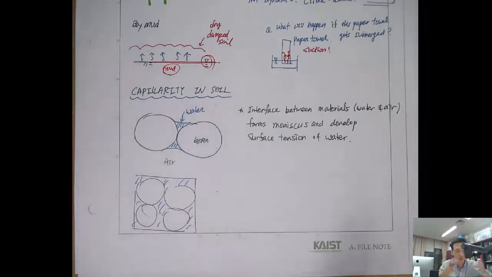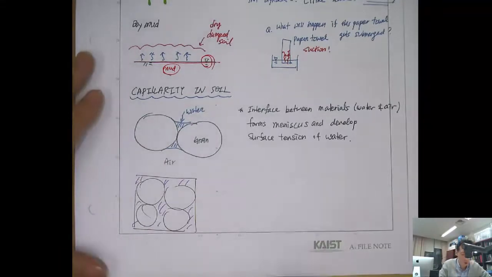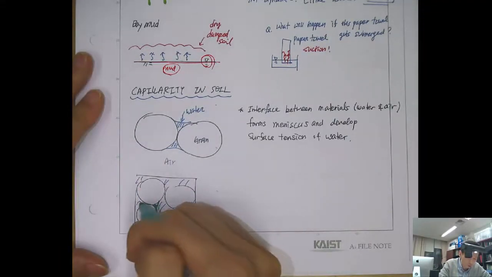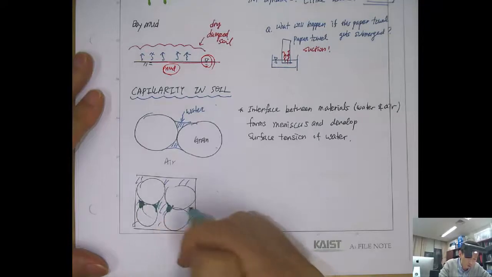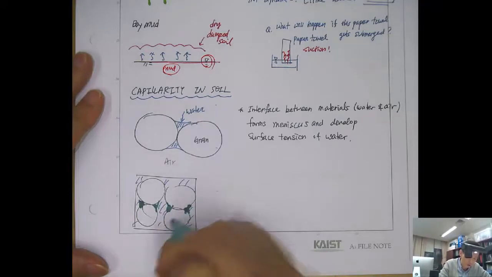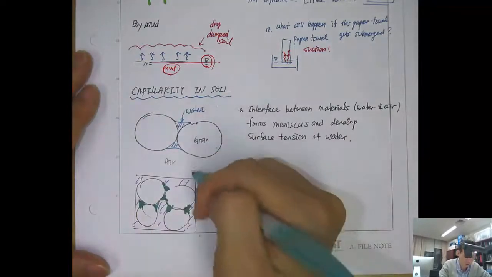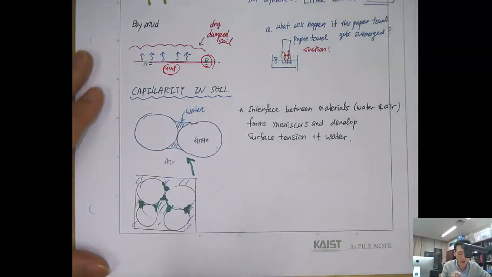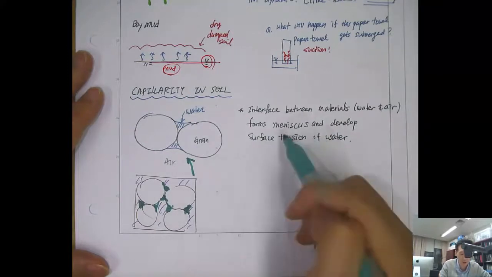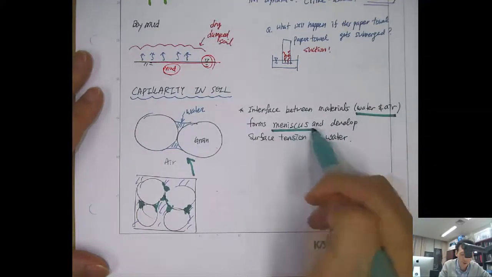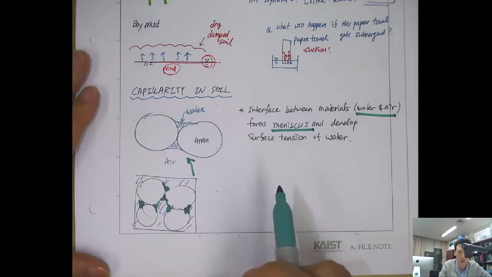But as you dry out, water will evaporate, so then water will find a corner to minimize its surface area, right? So then it will become like this, and it will form a meniscus between the water and air and develop a surface tension because of the pressure difference.